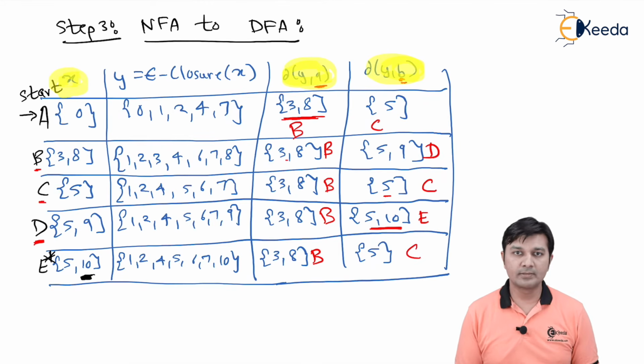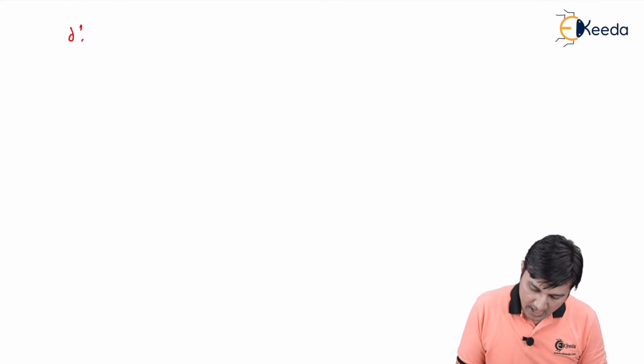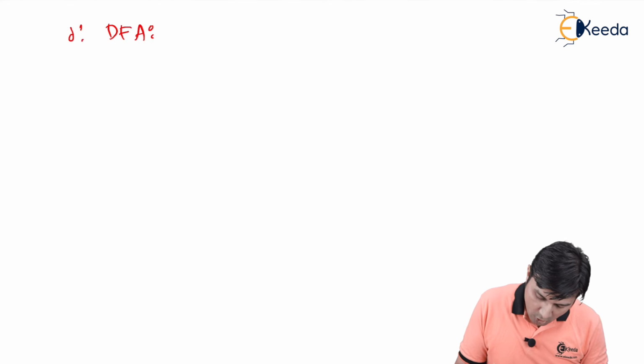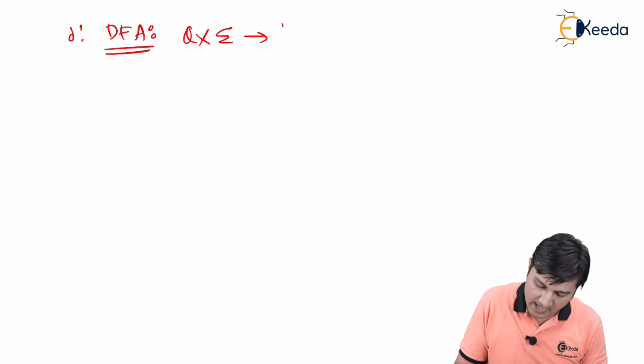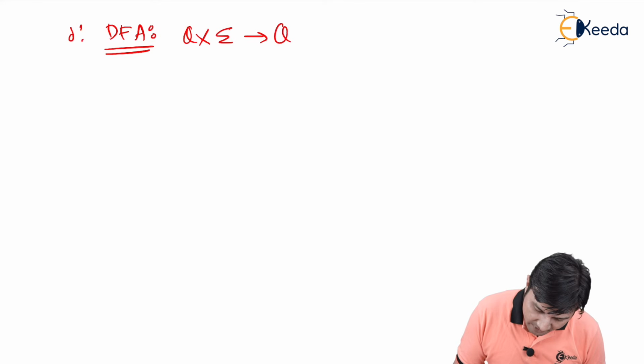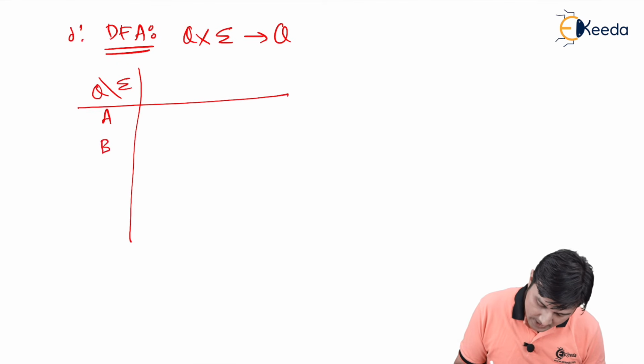So let's go ahead. Now I write delta as the transition function and I'm going to draw my DFA. We all know the transition function for a DFA: given a state and an input symbol, what is the next state? So I have my Q cross sigma over here. I have A, B, C, D, E, with E marked as the final state.